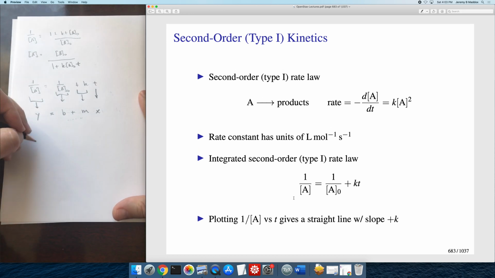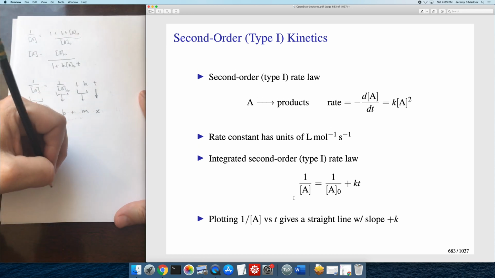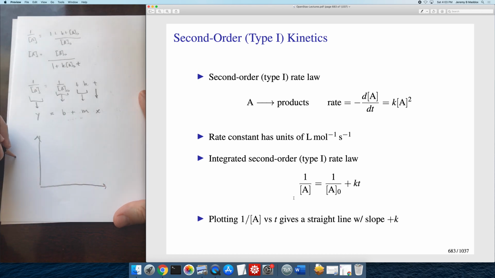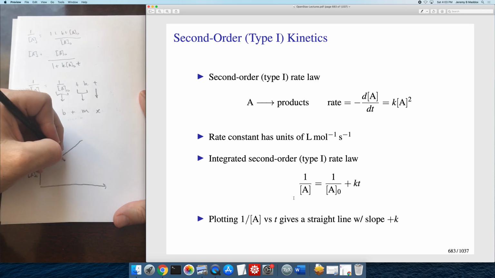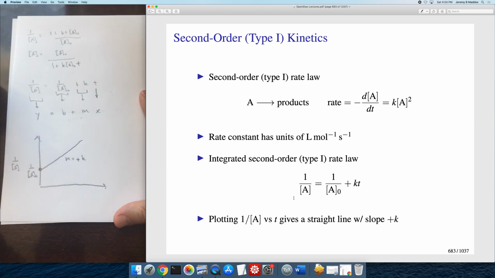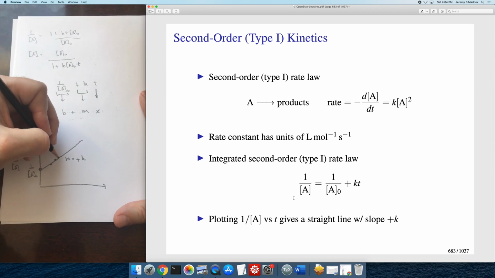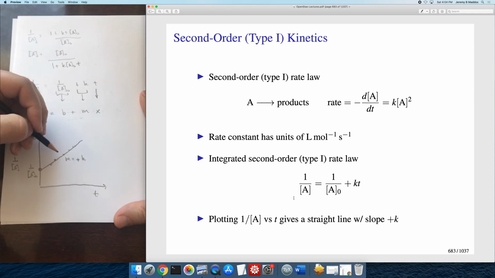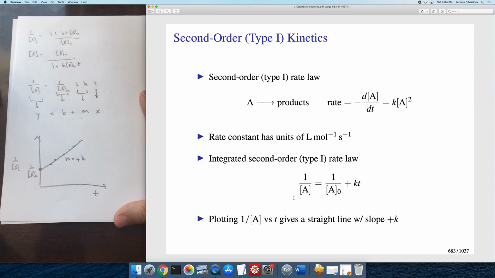So when you plot second order kinetics data, 1 over A starts at 1 over A0 and goes up, and the slope is equal to plus the rate constant. You can measure concentration versus time data, plot it this way, do a linear fit, and the slope gives you the rate constant.